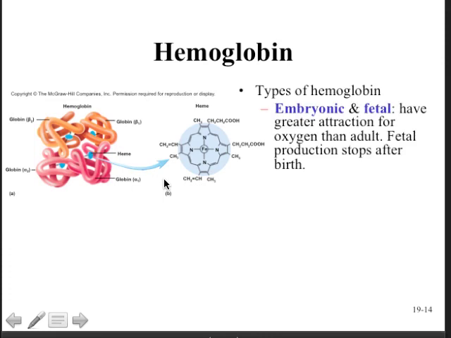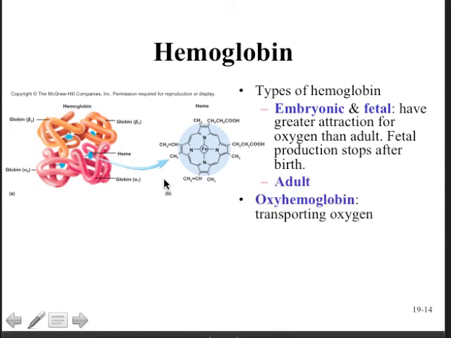The types of hemoglobin that you see in human systems include embryonic or fetal hemoglobin, which has a greater affinity for oxygen than adult hemoglobin. The purpose of that, again, is to steal oxygen from the mother's blood supply while the baby is developing as a result of diffusion and binding and transport. The embryonic or fetal hemoglobin turns off shortly after we're born, and it's followed by the expression of the adult hemoglobins, alpha and beta.